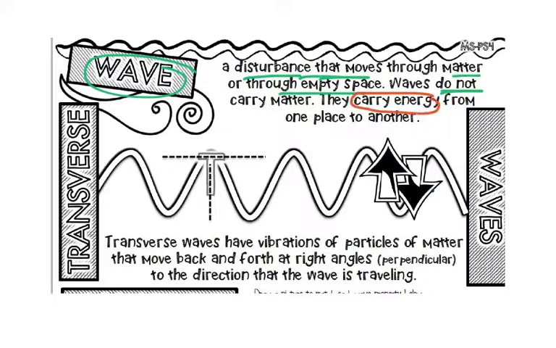When a wave moves, it can tell us a few different things, and there's a couple different types of waves that we're going to study. These notes that we're going to do today are going to talk all about transverse waves.